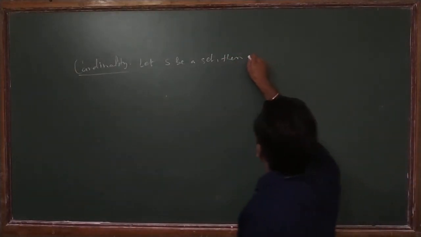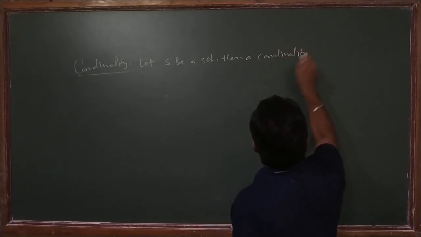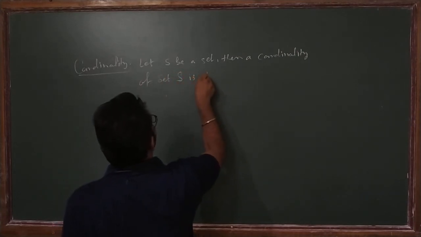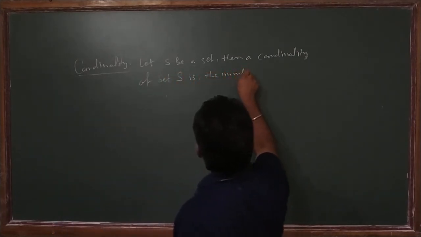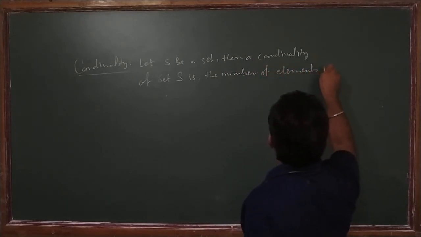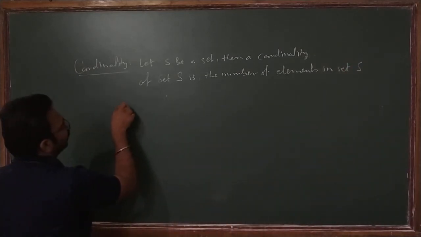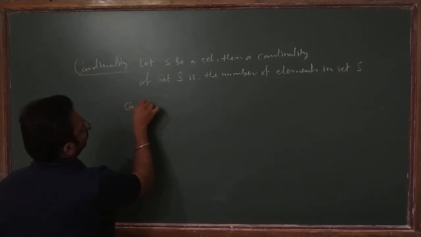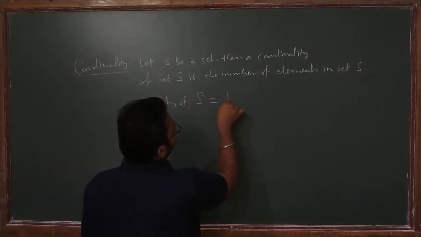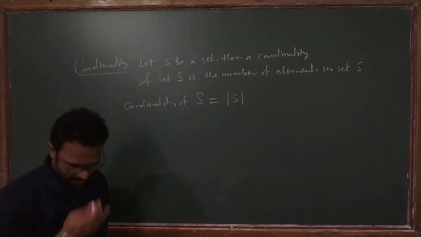The cardinality of set S is the number of elements in S. We denote the cardinality of S in this way, the number of elements in set S.